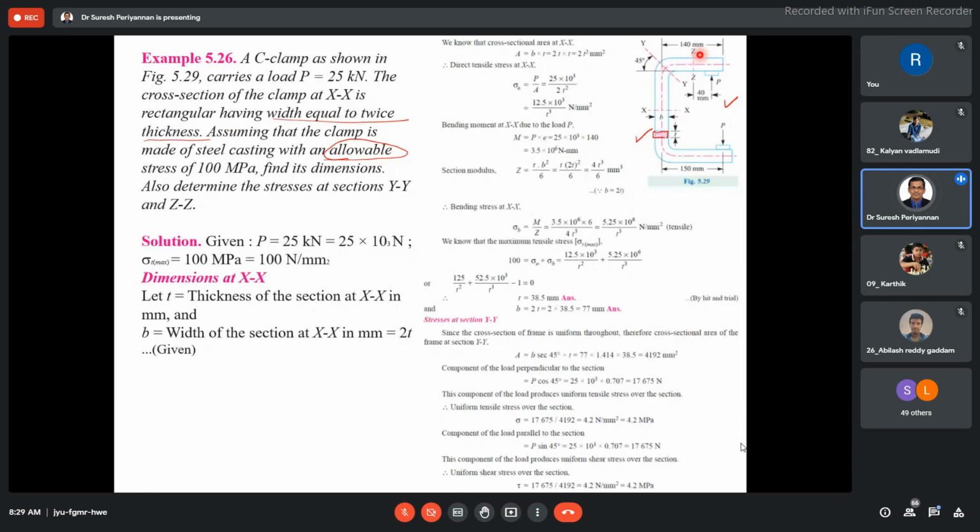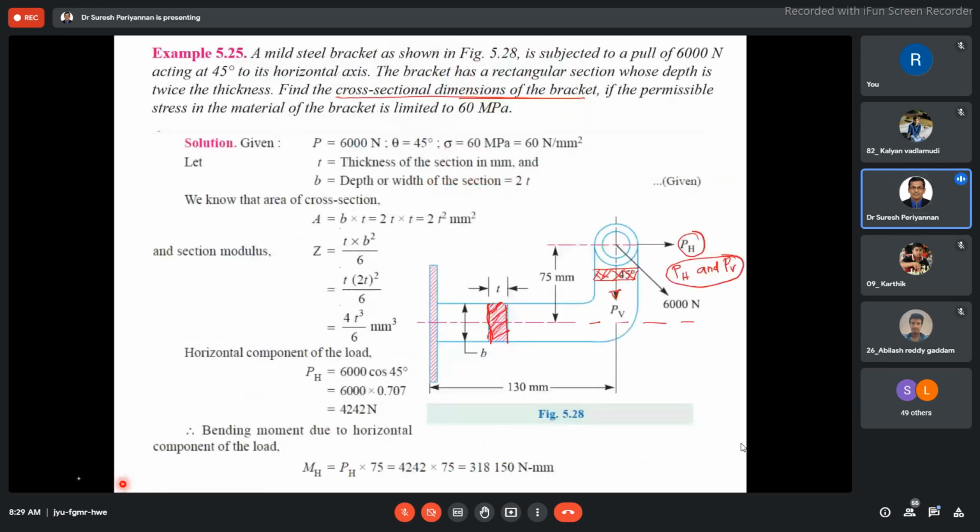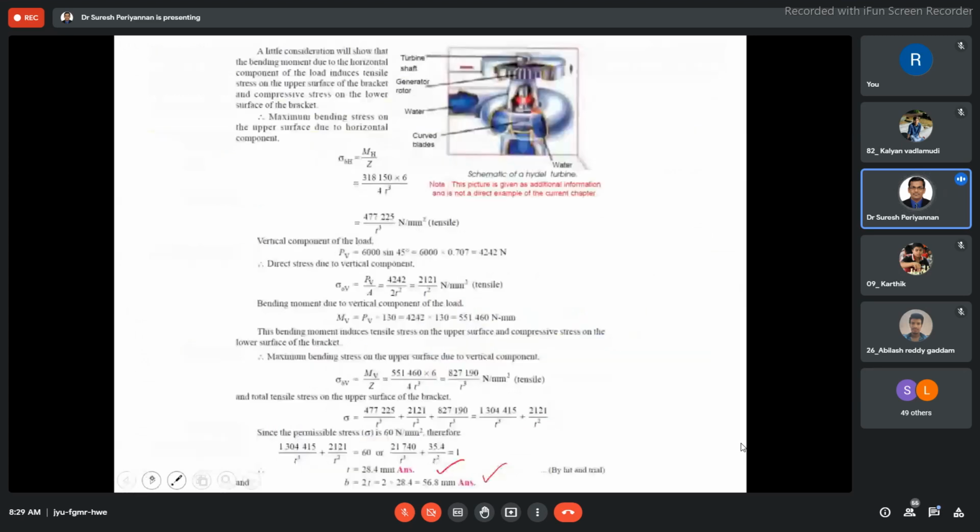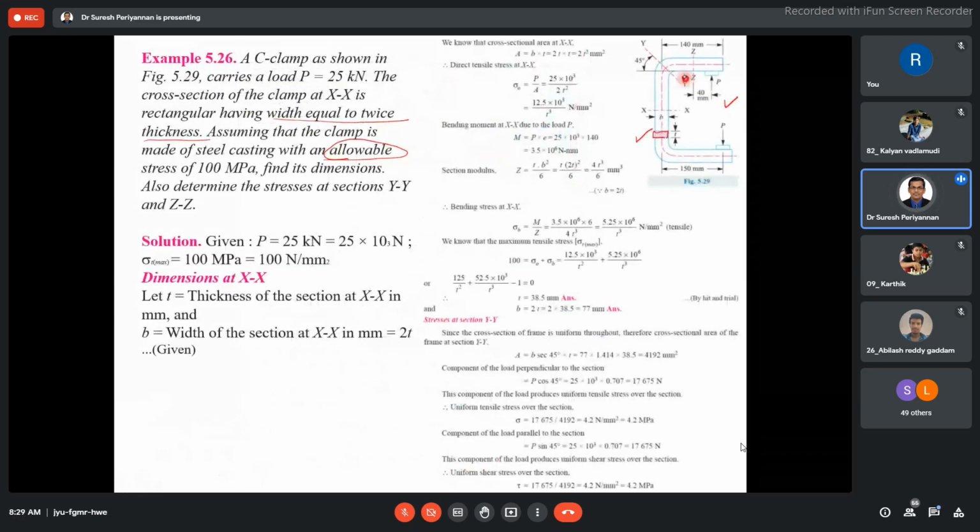Now, I come to your question, the earlier question, for further clarification. In the next question, you are going to get a different stress value for this component, in this YY section and ZZ section, which we are going to calculate.